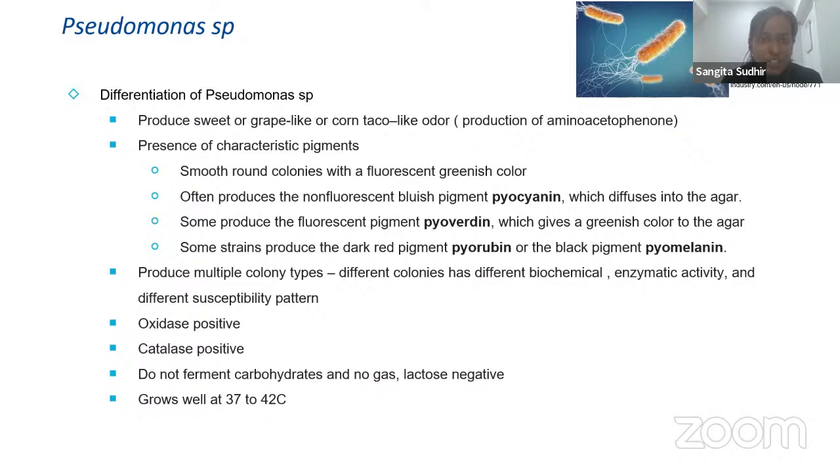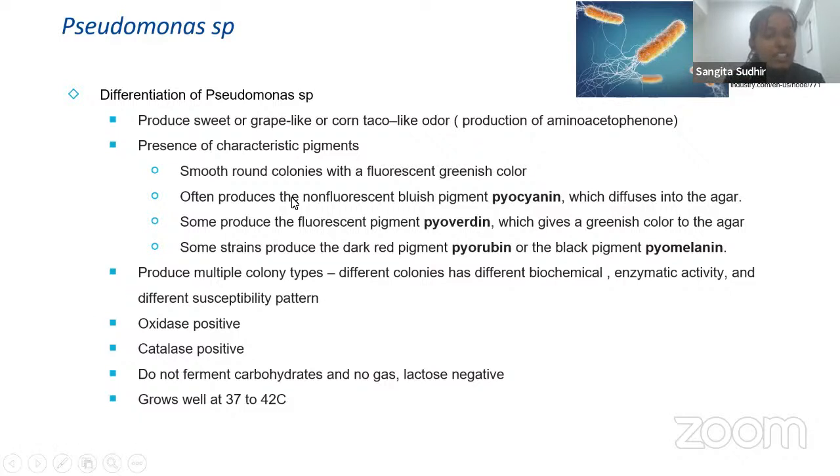There are certain factors which make them unique. They have a typical odor, sweet, grape-like or corn taco-like, basically because of the production of aminoacetophenone. Another important feature is that they can produce certain pigments like pyocyanin, pyoverdin, pyorubin and pyomelanin, which give them a typical greenish fluorescent color in the culture.